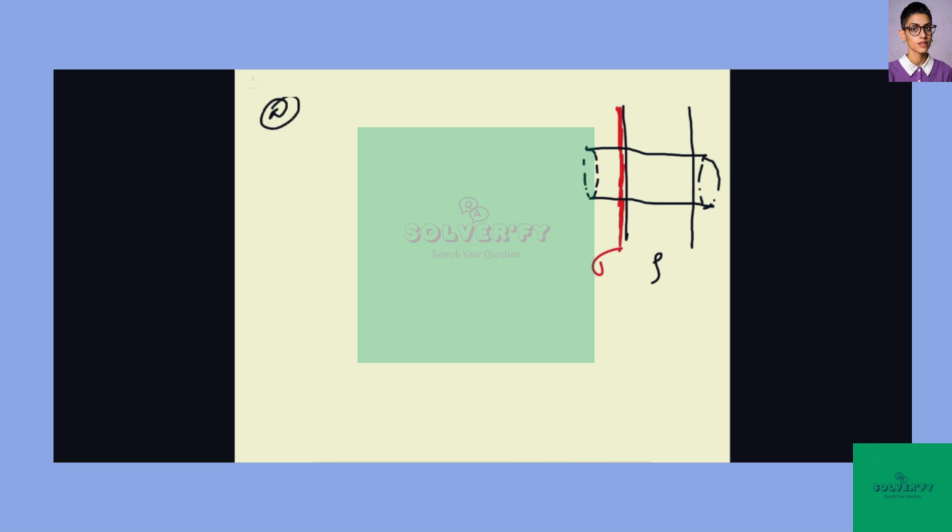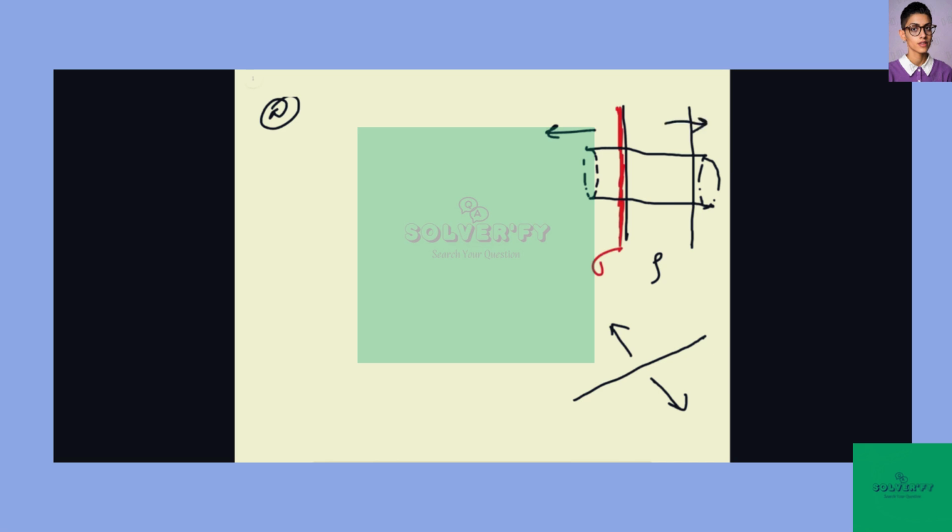Now before we go ahead, remember that an infinite plane of charge has a field that is perpendicular to it because of symmetry. Similarly, in this case, we expect the field to be horizontal.